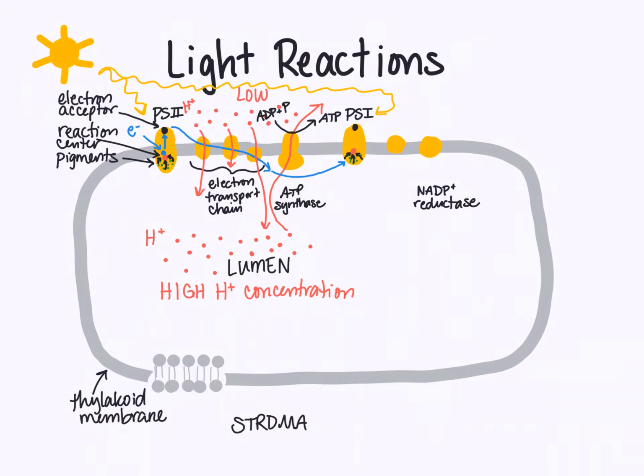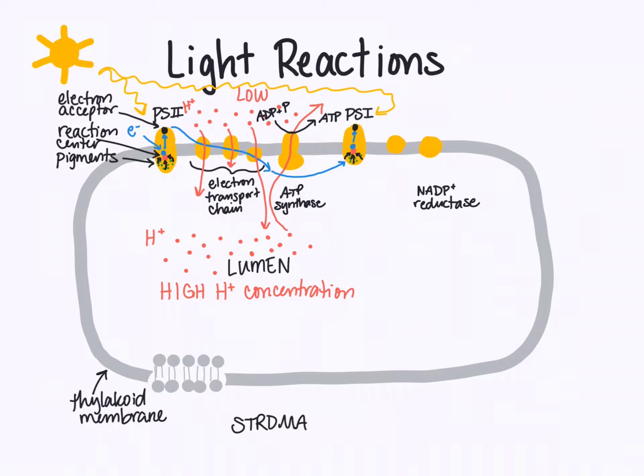And once again, this reaction center has an electron that it just got from the electron transport chain associated with the first photosystem, which we actually call photosystem 2. When this happens, that electron once again gets excited and gets passed to that electron acceptor.